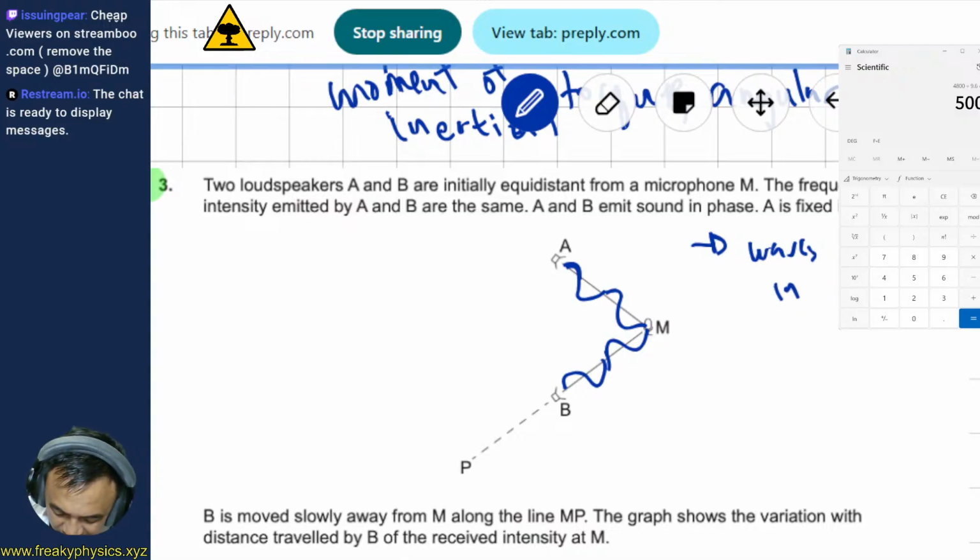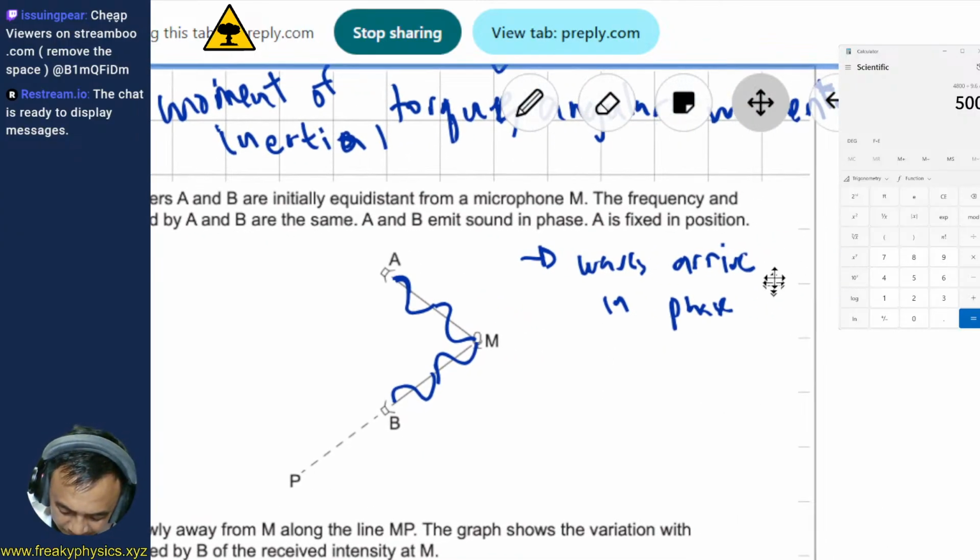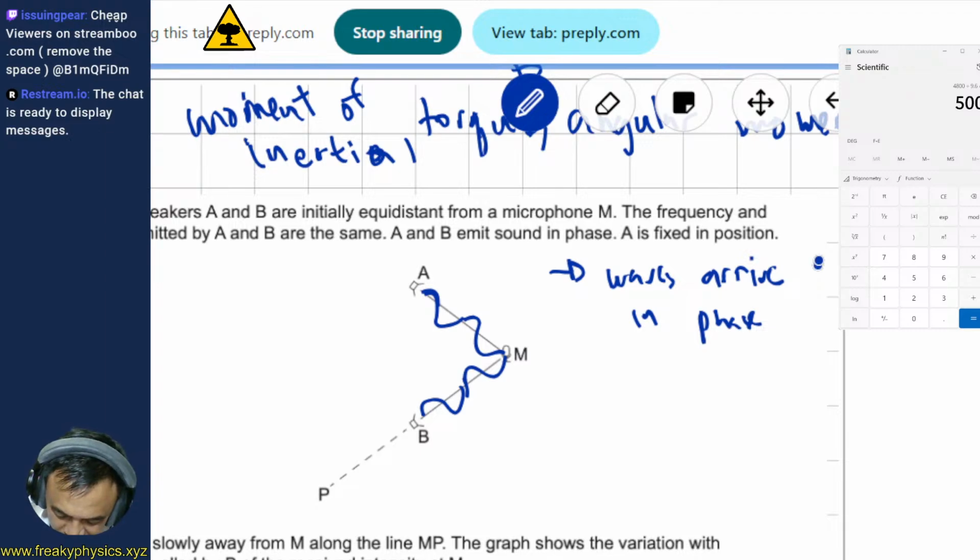So what happens here? Constructive interference. So it's loud, and we know what happens when we have constructive interference. The sound becomes loud, right?